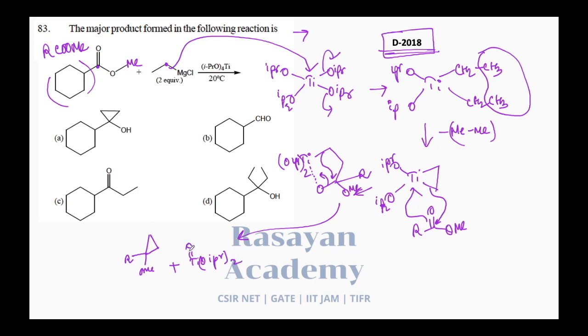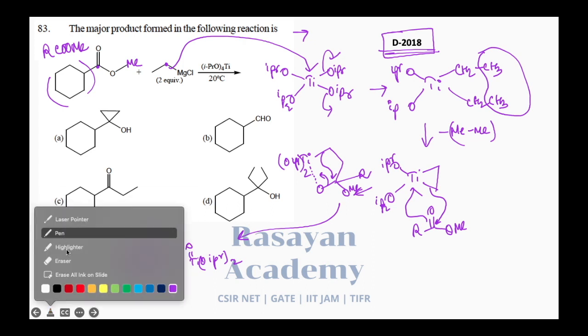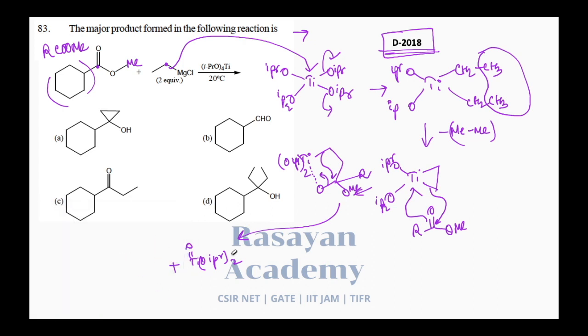So what did you get, guys? Sorry, this methoxy is going to eliminate when this attack is taking place. So when the attack takes place, the methoxy is going to get eliminated.